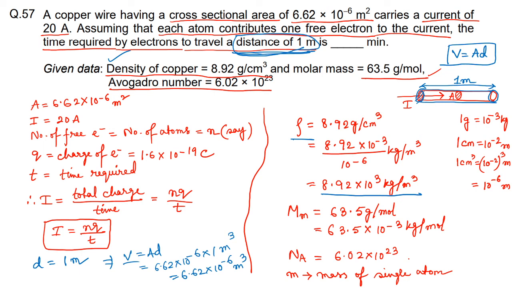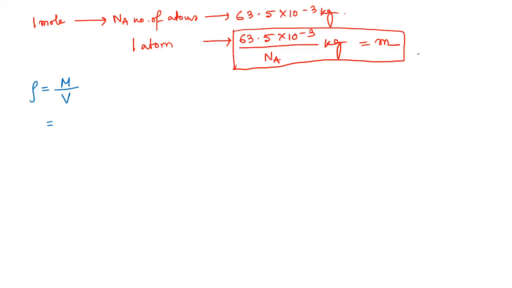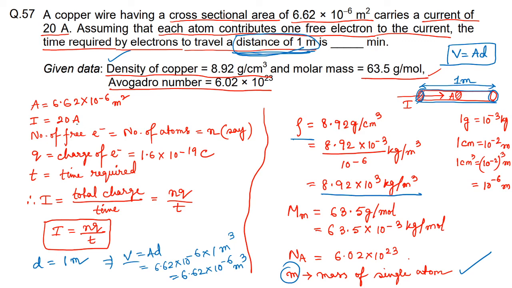We have calculated the mass of a single atom, that is m, and we have the total number of atoms to be n.